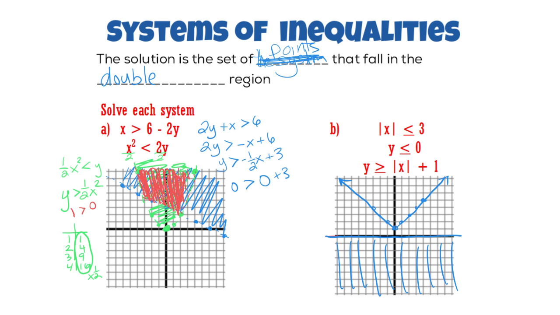I could do 0, 0 because my absolute value does not go through 0, 0. So let's test that. Is 0 greater than or equal to the absolute value of 0, which is just 0, plus 1? And I would say no, that is not true. So what that means is I'm going to shade the opposite side of this.